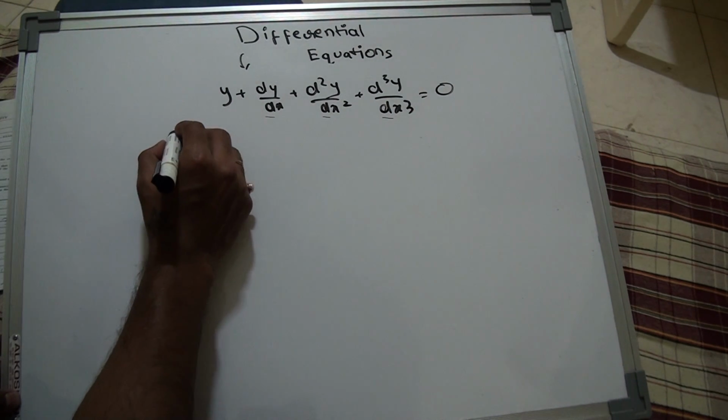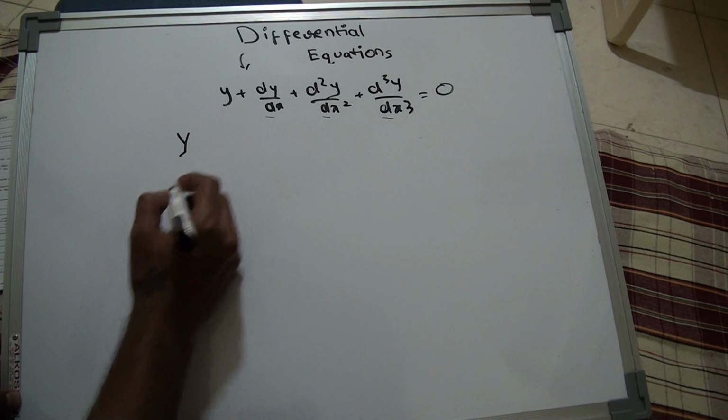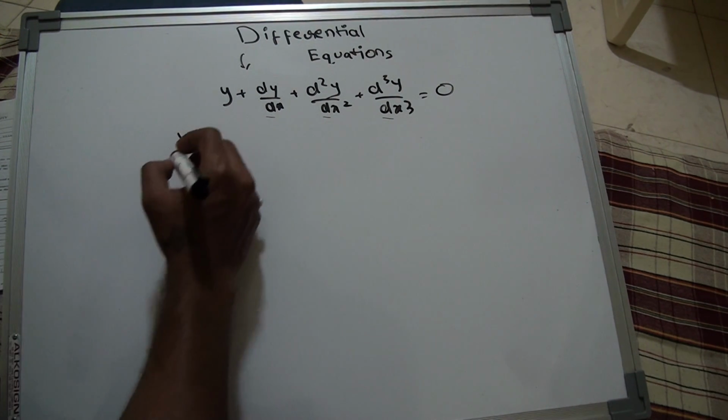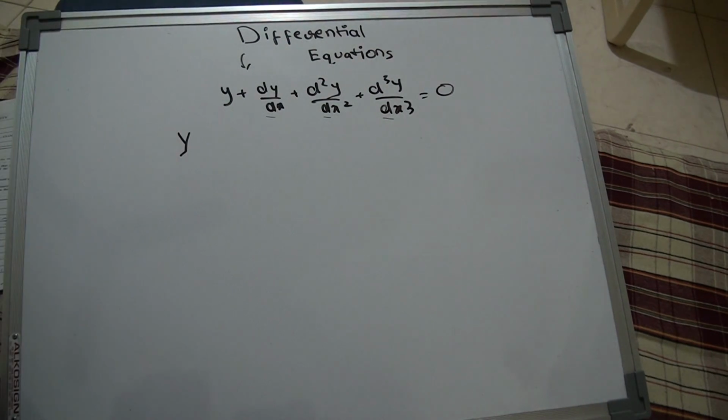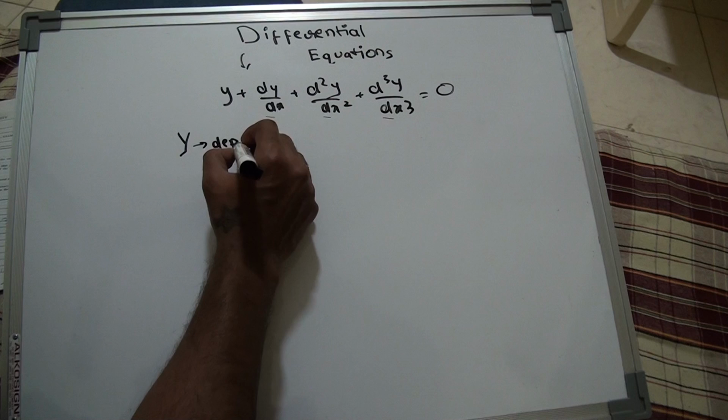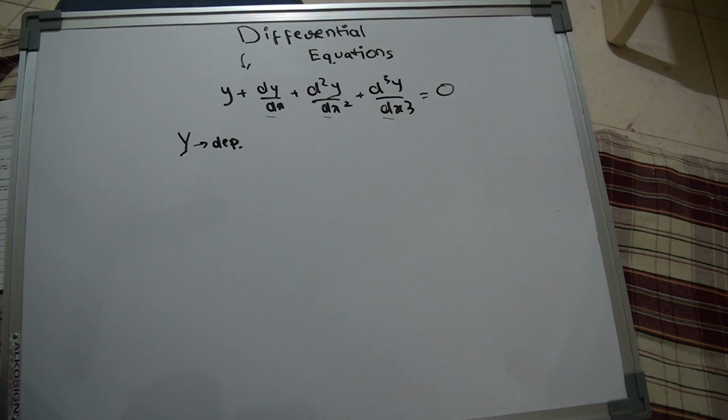Now let's dive into this particular term in a lot of detail. The normal term over here is y. Now this y variable is a dependent variable. It's not independent. What do you mean by a dependent variable?